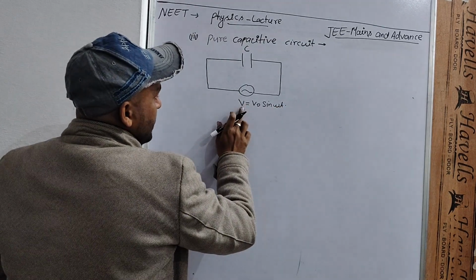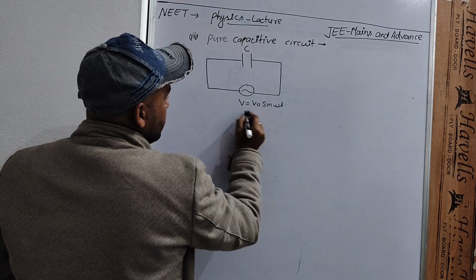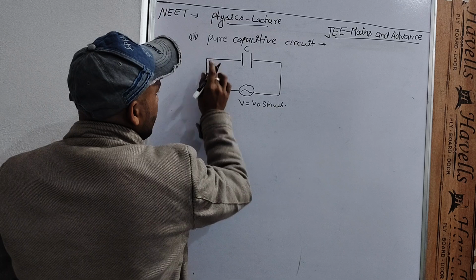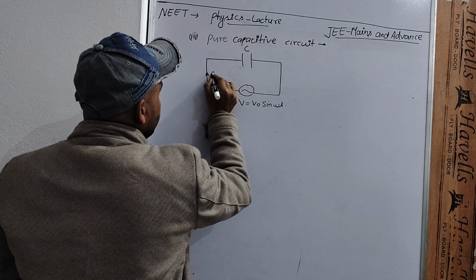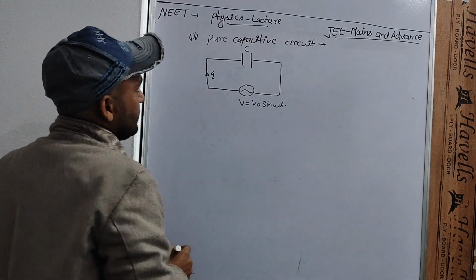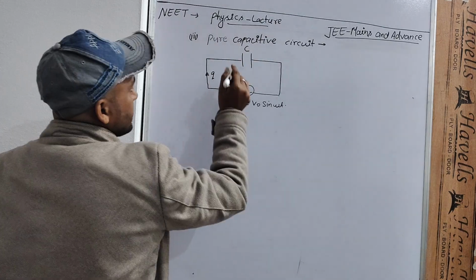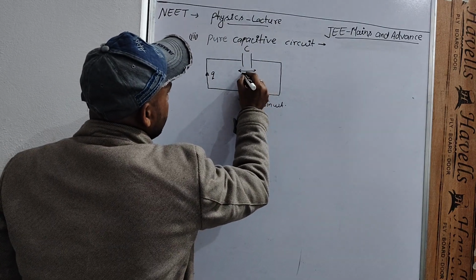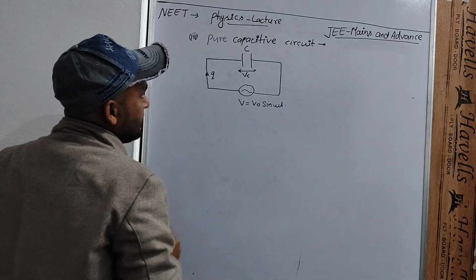And we assume when we apply the AC voltage source, then some charge starts to flow from there, and the instantaneous charge is Q, which has flowed through this capacitor, and some voltage drop across here, which is represented as Vc.